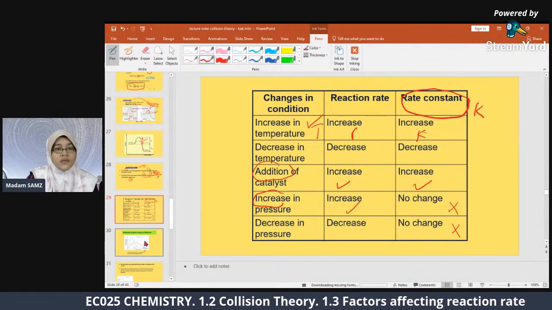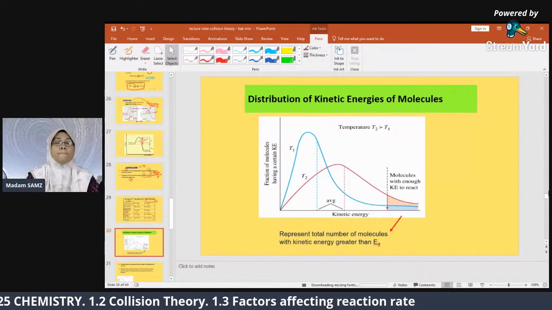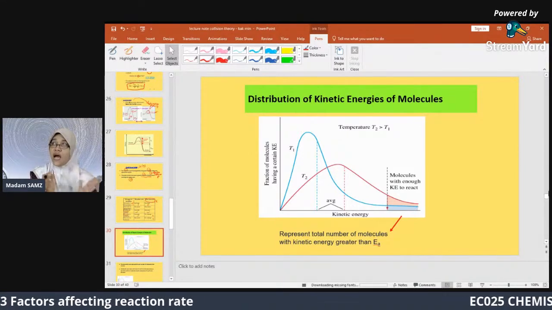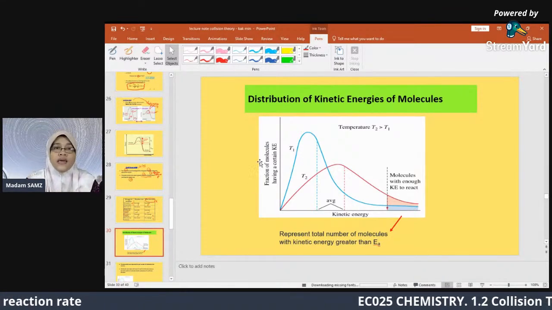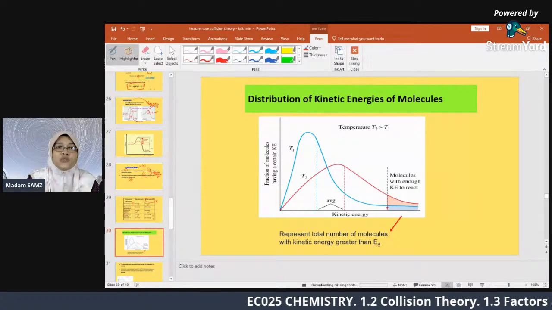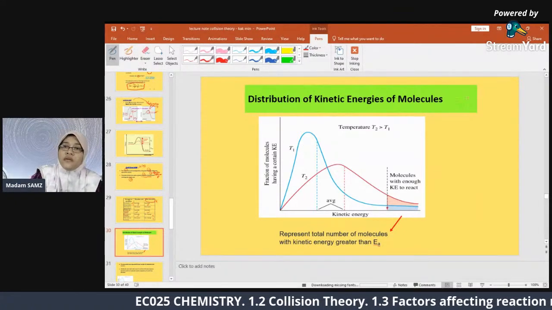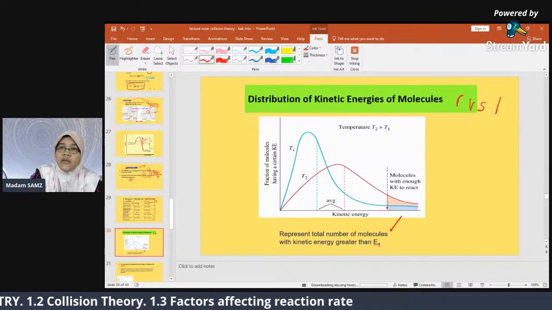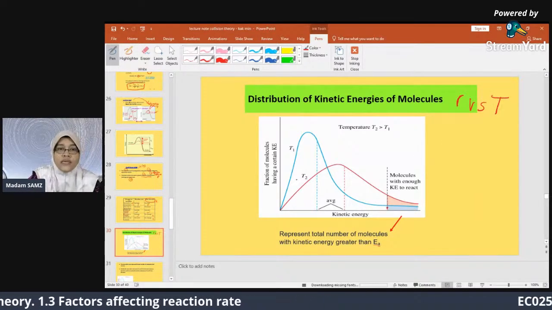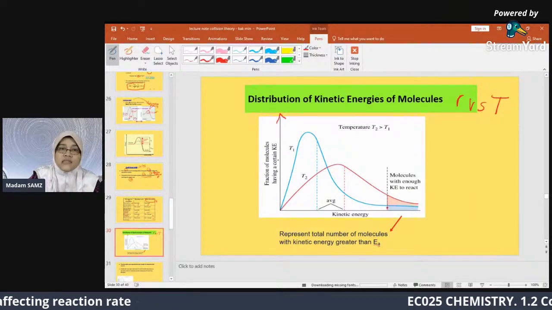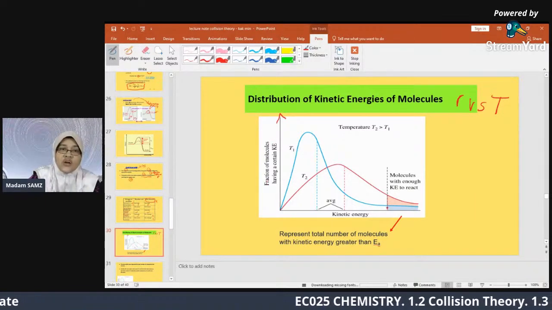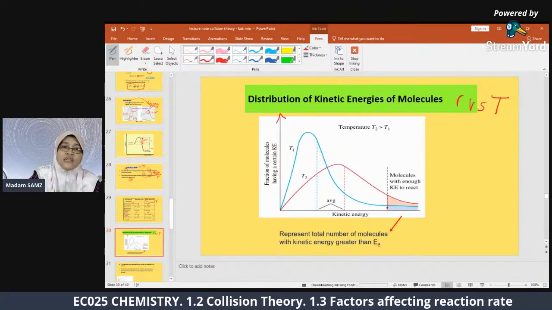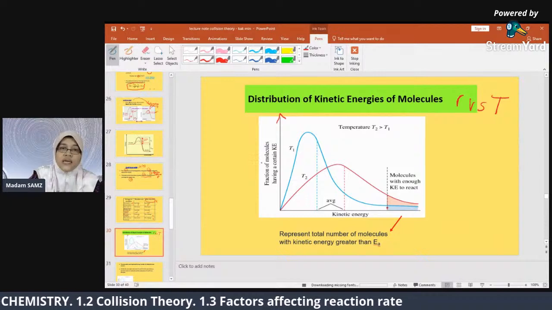Alright. We move to the Maxwell-Boltzmann curve. Okay, you have to know how to draw and how to explain. Okay, this is a Maxwell-Boltzmann graph. With Maxwell-Boltzmann, actually we are talking about rate, an experiment with temperature. So here the y-axis is the fraction of molecules, bilangan molecule having certain kinetic energy. This is the number of molecules.